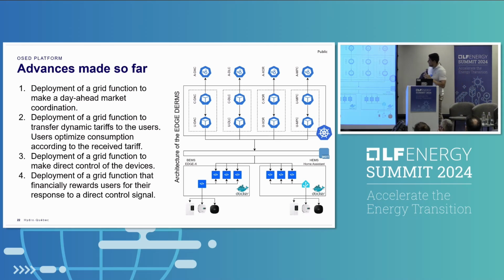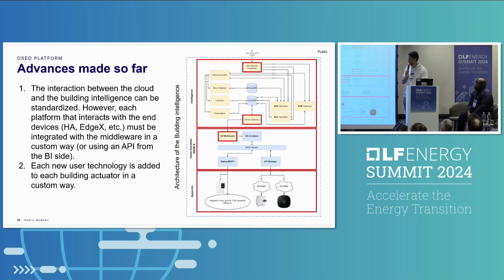Yeah, sure. So this is some of the advancements made so far. We already deployed some grid functions. We already have the way to communicate those to the devices. And we already have some kind of intelligence in the buildings that is able to answer the calls of the grid functions.